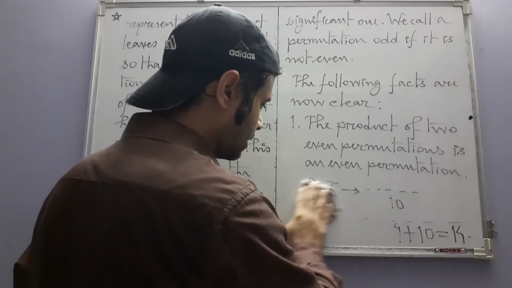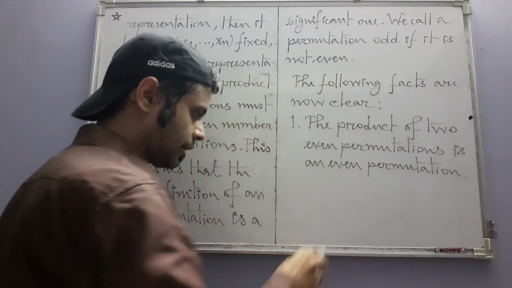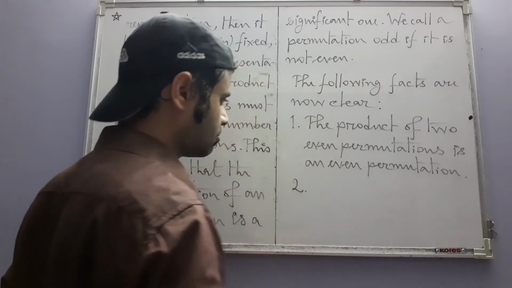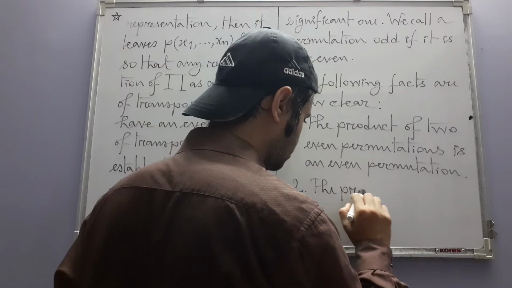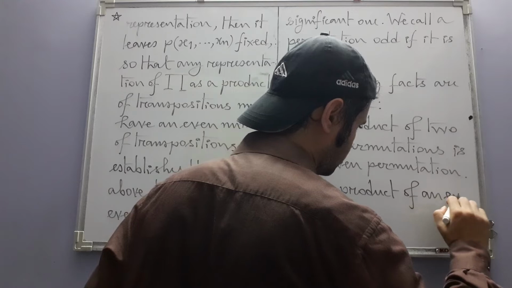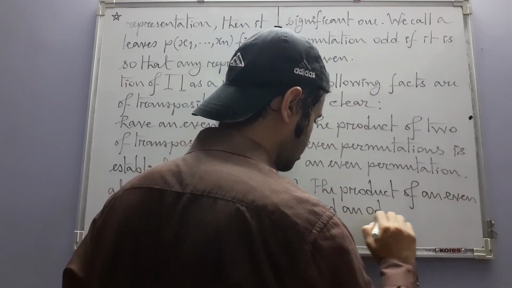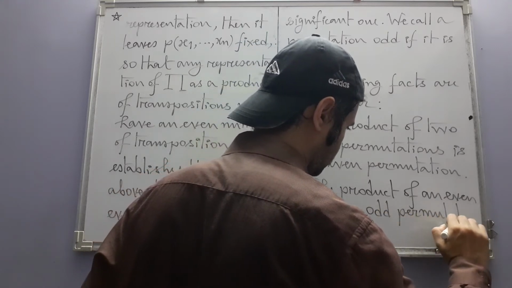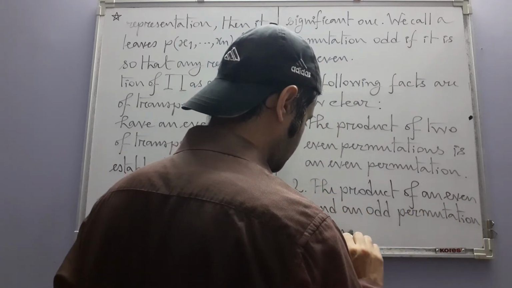And now you can understand, similarly, in a very straightforward manner, we have these other two things. Number two, the product of an even and an odd permutation is an odd permutation.